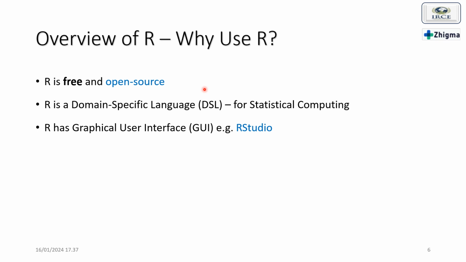R has a graphical user interface, which is called the R Studio. There are other graphical user interfaces for R, but the R Studio is most popular. What it helps us to do is to go beyond the codes and present our interaction with R in a way that we can appreciate.